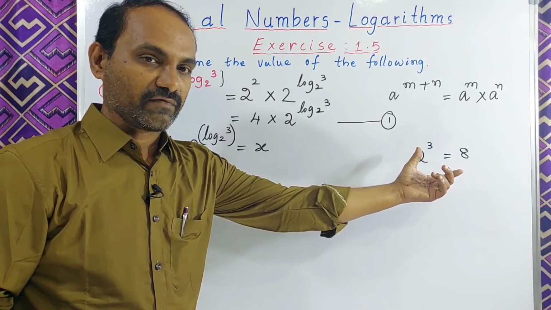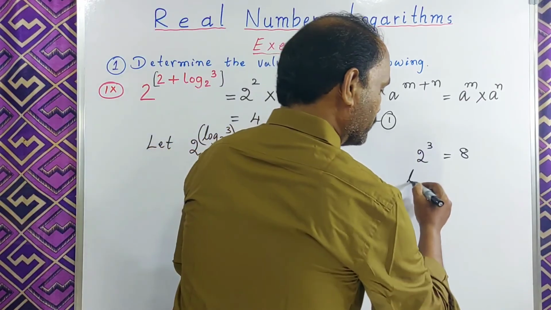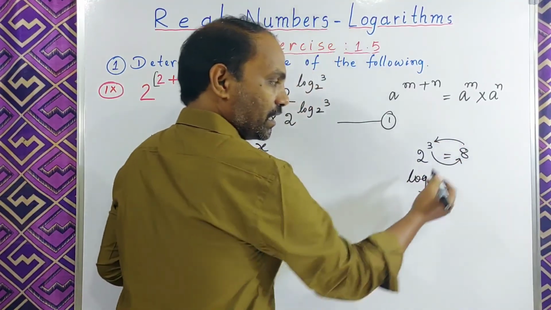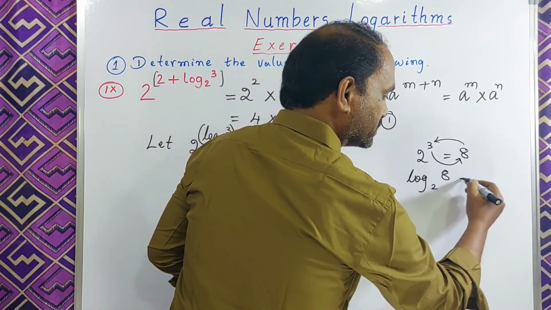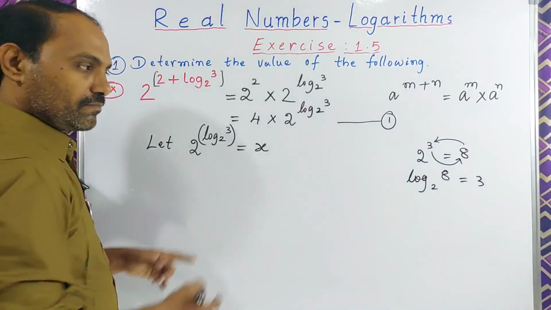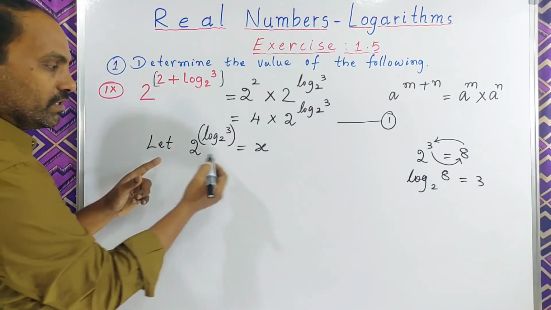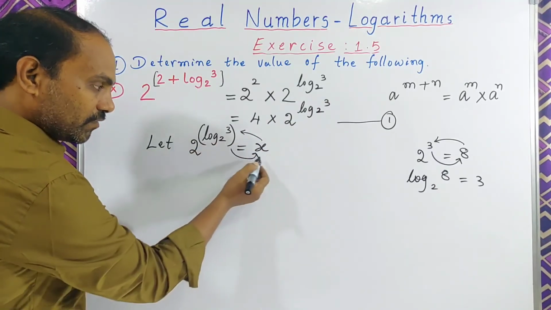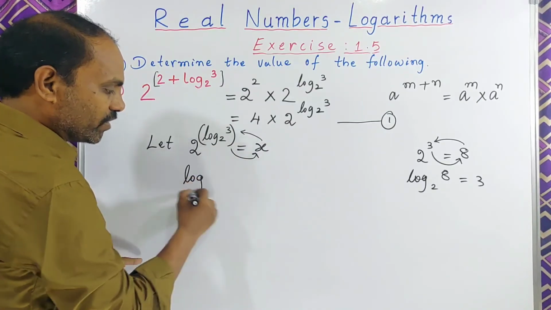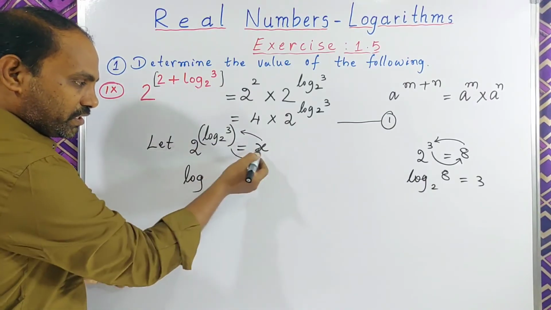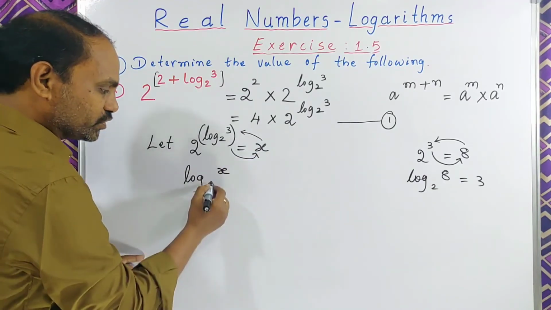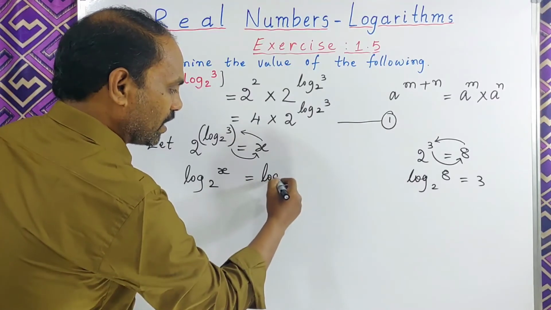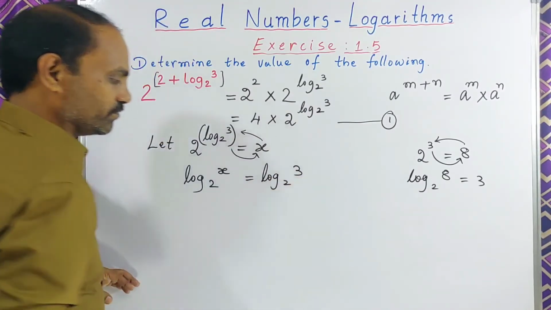How can we write the log value? When you change it into log, this comes here and this here: log 8 to the base 2 is equal to 3. By applying logarithm here, you should get this one here and this one here. So when you apply log to x to the base 2, it is equal to log 3 to the base 2.